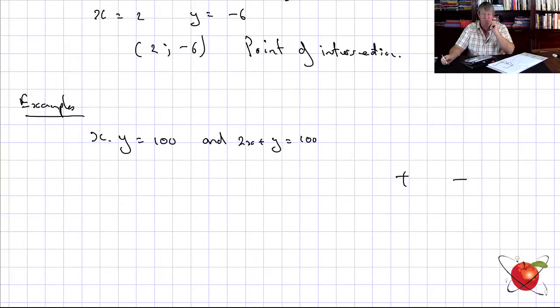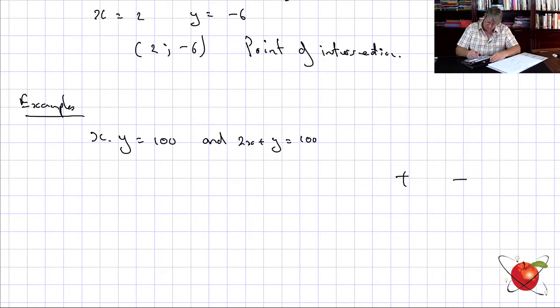We cannot use elimination here, because elimination is either you add or you subtract. It's not going to work in this case. So with these, we are locked into substitution. You can either decide to substitute for x or for y.